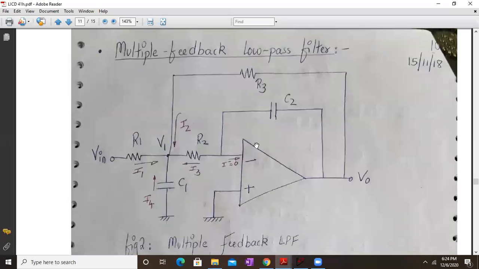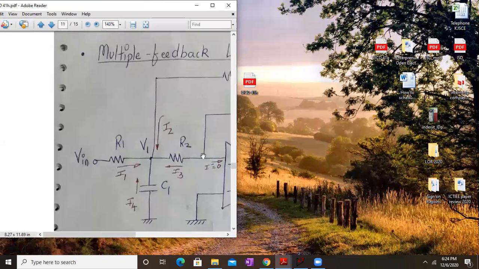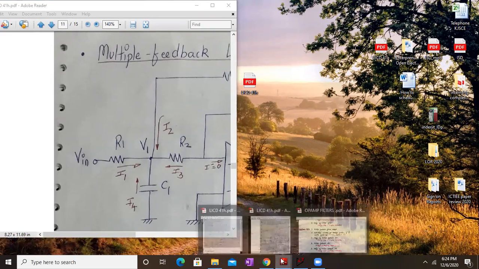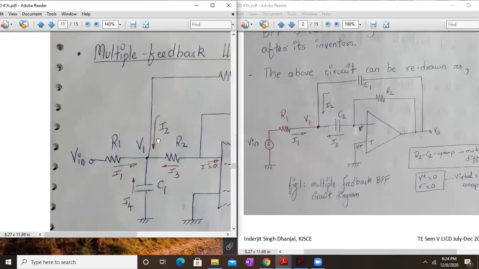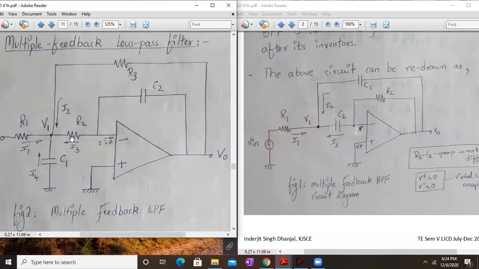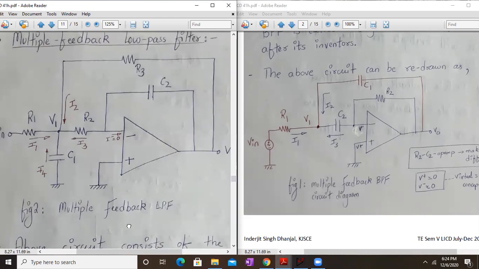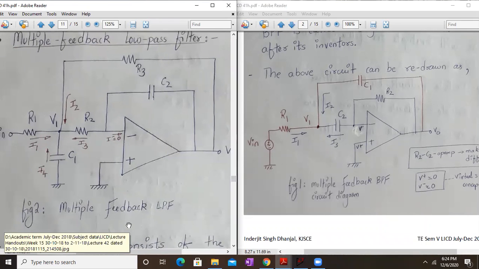Next is the multiple feedback low pass filter. Here there are very small changes as compared to the earlier part. Let me open up the PDF. The circuit to your left hand side is the multiple feedback low pass filter, and on your right hand side is my bandpass filter. So what changes do you notice over here?